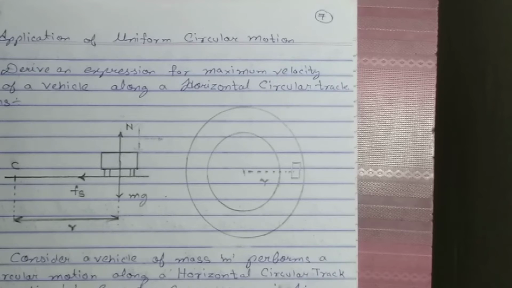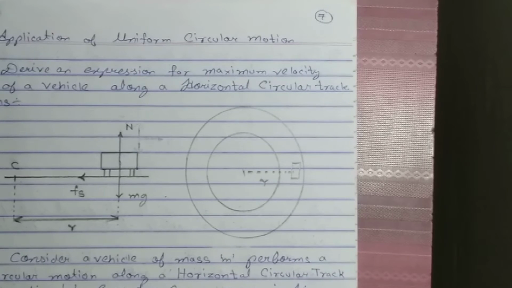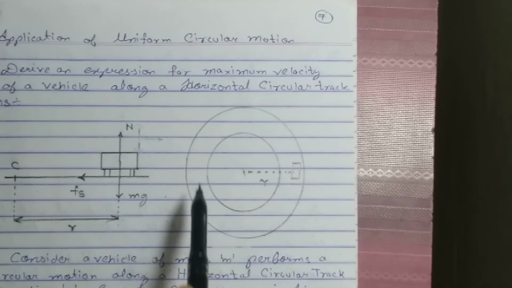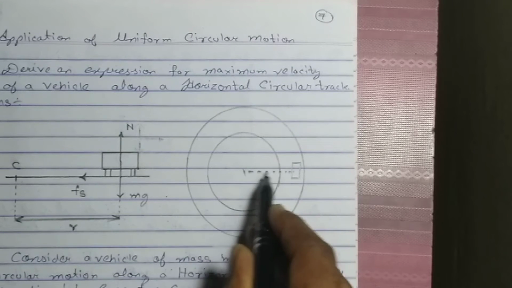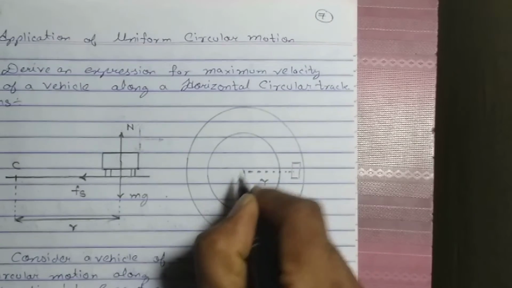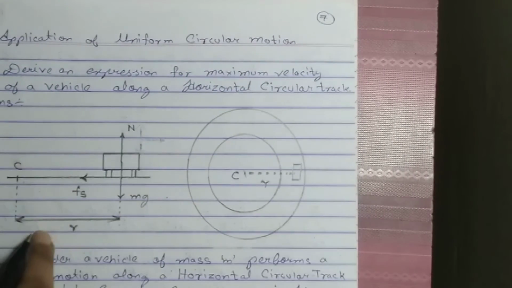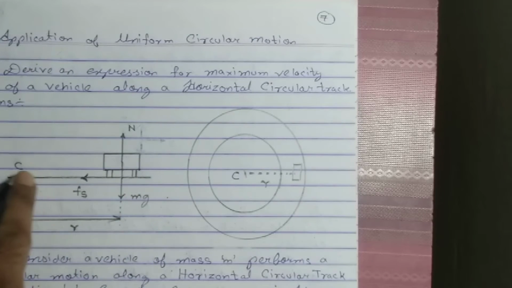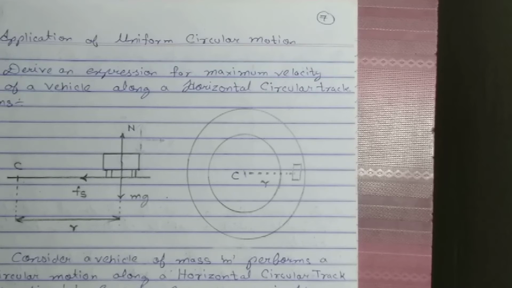Now we will consider a vehicle of mass m performing circular motion along a horizontal circular track. The radius of the circular track is small r, and the center is C. You can see in this diagram also the center C and the radius r.